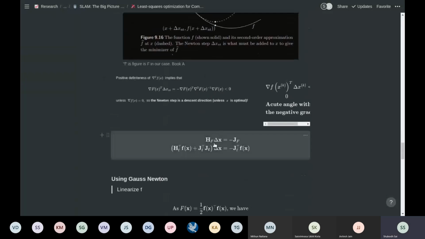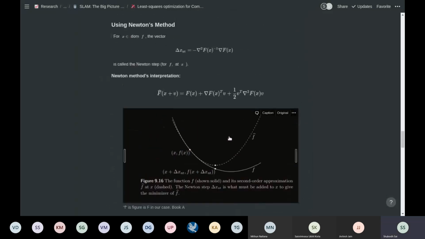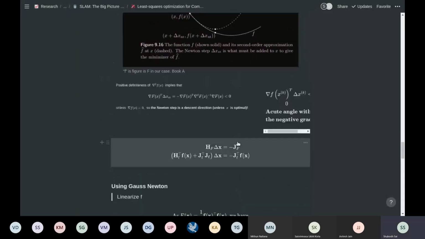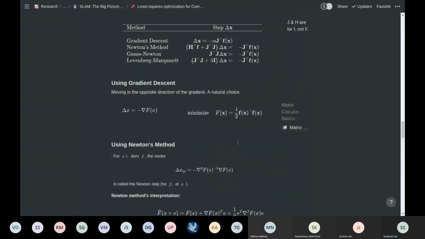That is what I'm representing in the subscript here. So this is what we ended up at. Hessian of this minimization function into delta x is equal to minus of Jacobian of f. Jacobian of capital F is not the same as Jacobian of small f. We will take a quick look at what the relation is.